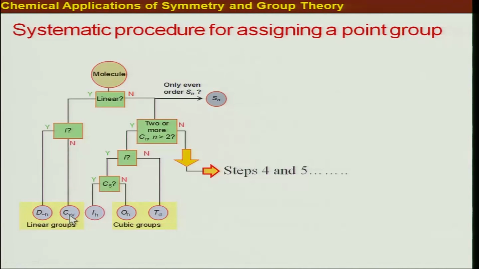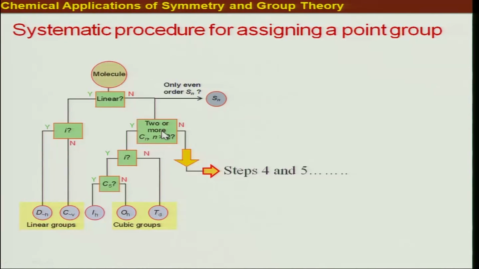So if the answer to the possibility of an inversion center is yes, then I have D infinity H, and if the answer is no, then I have C infinity V.